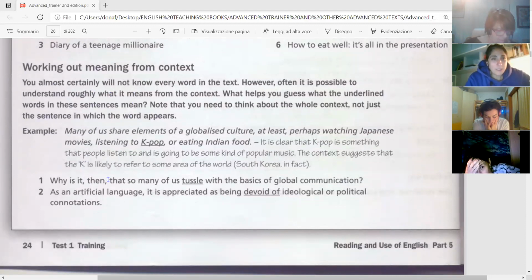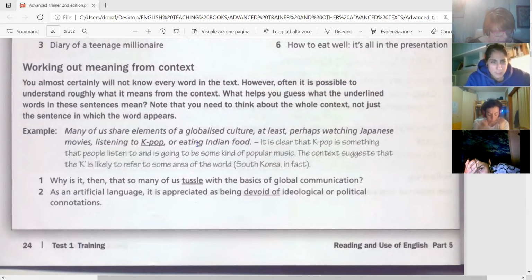You almost certainly will not know every word in the text. However, often it is possible to understand roughly what it means from the context. What helps you guess what the underlined words in these sentences mean? Note that you need to think about the whole context, not just the sentence in which the word appears.